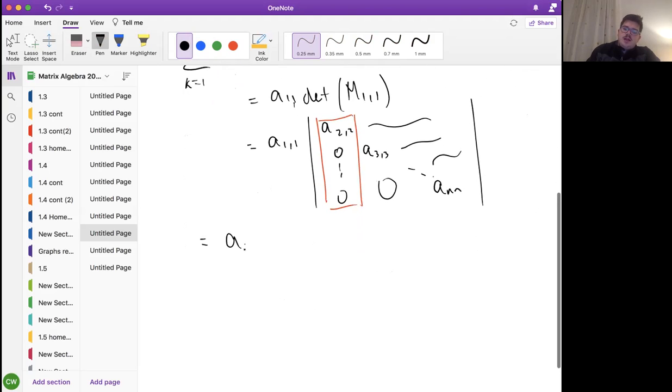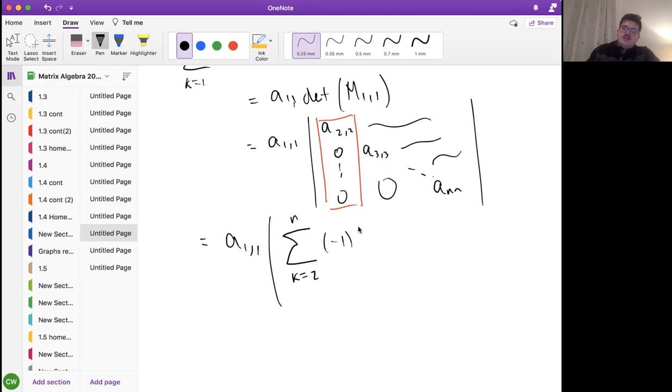So A11 times the sum k equals, now it's going to be n minus 1 because, well, let's do k equals 2 to n. There's still n minus 1 terms here, right?